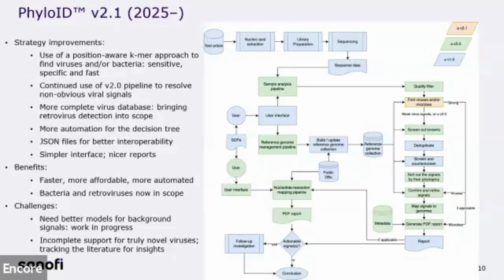And so we still have work to do in terms of the background signals, the kitome, if you like. Because, as I've presented in conferences before, you can improve your sensitivity only down to a certain point, and then you're dipping into the noise. And so to be able to make any more progress in terms of sensitivity, you have to understand the noise.